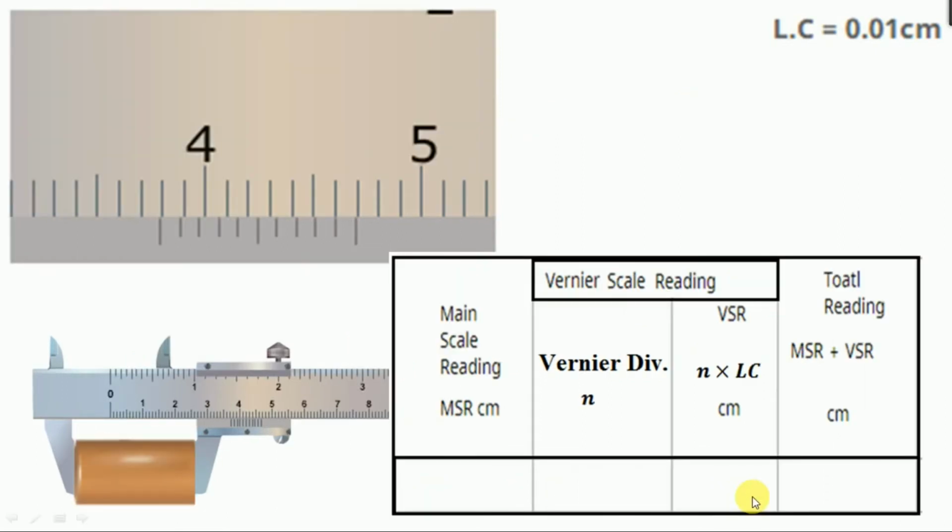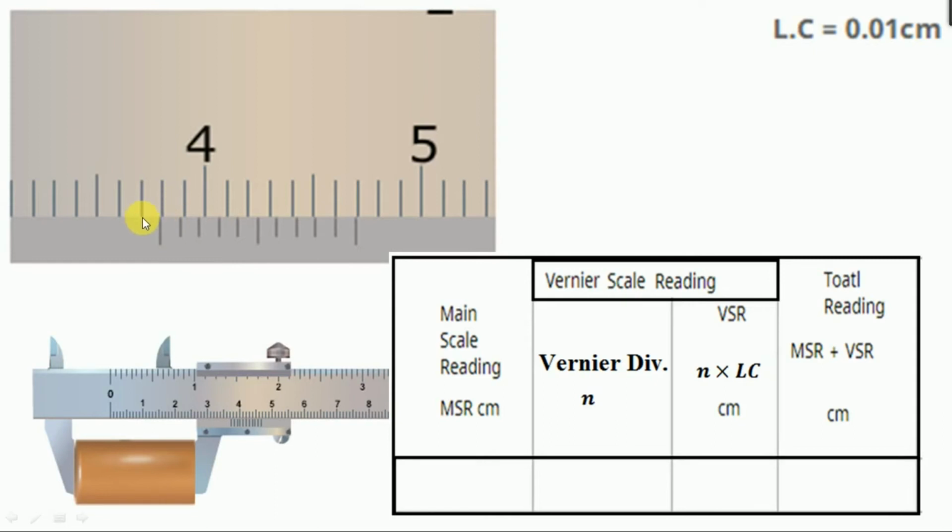So one more reading. In this case, for the main scale division, we cannot see 3 on this side, but this is 3.5, 3.6, 3.7, and it is not touching 3.8. So we have to consider the lower one if it is not exactly coinciding with the main scale.